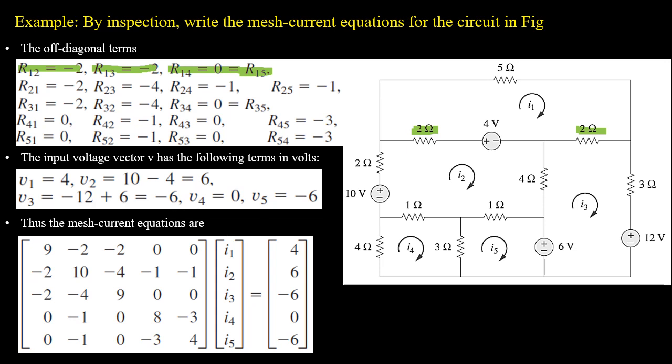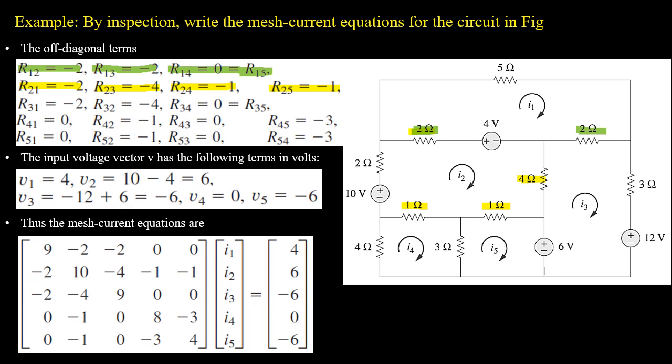Now for the off-diagonal terms of the second equation, as R12 was equal to -2, similarly R21 will also be equal to -2. We have a common resistor of 4 ohm between mesh 2 and mesh 3, a common resistor of 1 ohm between mesh 2 and mesh 4, and a 1 ohm common resistor between mesh 2 and mesh 5. So R23 will be equal to -4, R24 will be equal to -1, and R25 will be equal to -1.